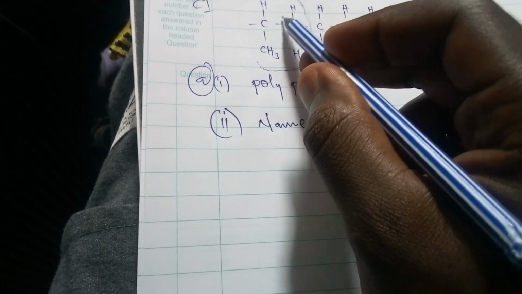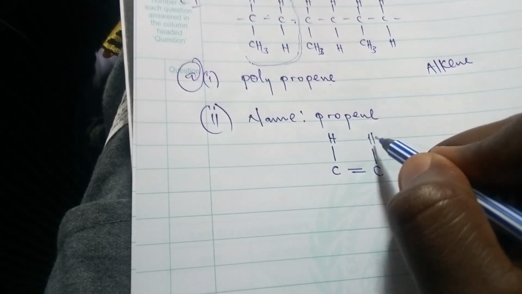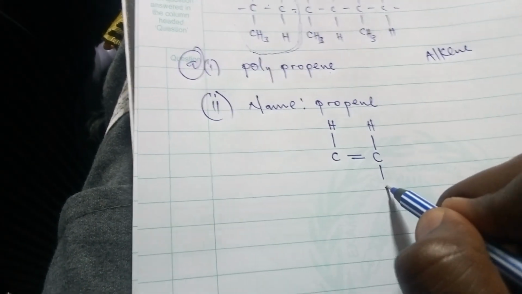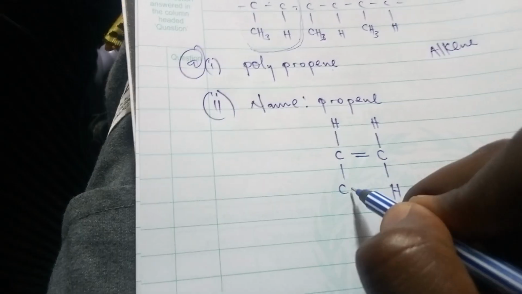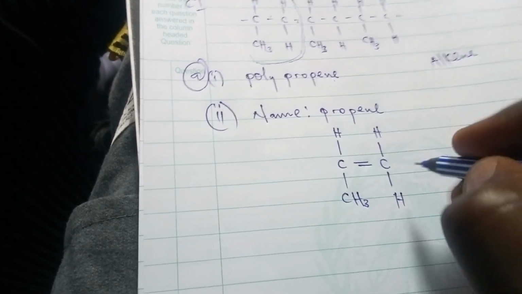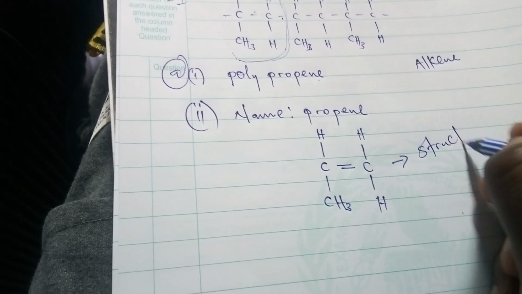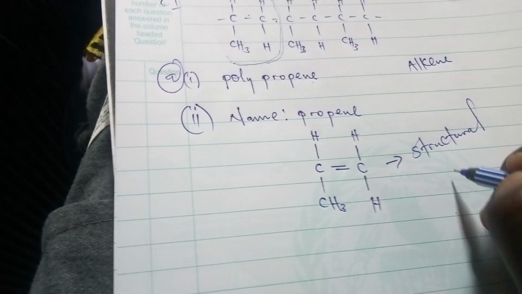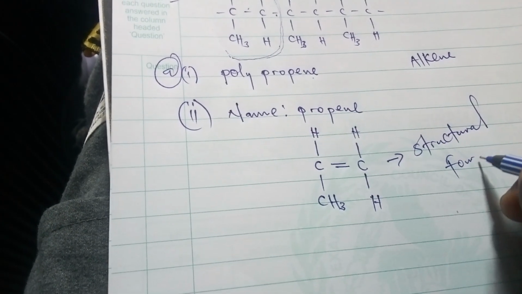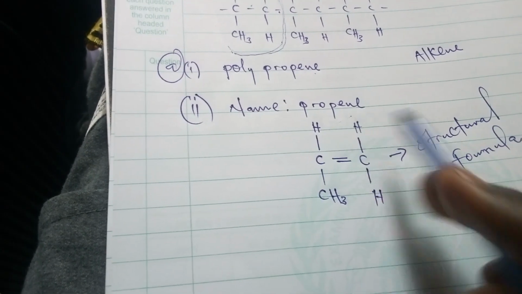This one is going to come this side, so hydrogen and CH3. This is the structural formula of the monomer, propene.